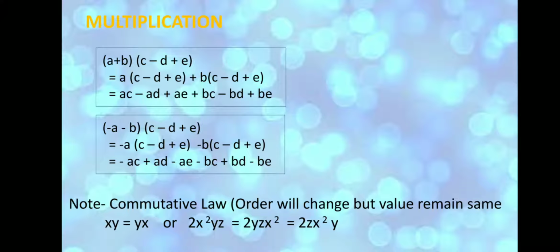Also, if there is something like 2x square yz or 2yz x square or 2z x square y, this will remain the same because you have x square, and if it goes together somewhere, the value will be the same. So this is commutative law.